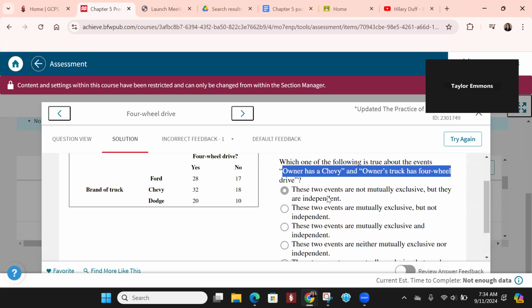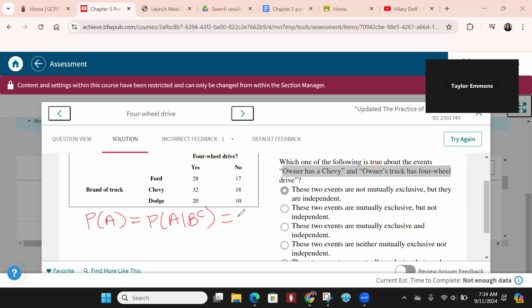What did we say our formula was? Okay. All right, so what was the probability of A? What's the probability that the owner has a Chevy? Okay, first, what do we got to do?